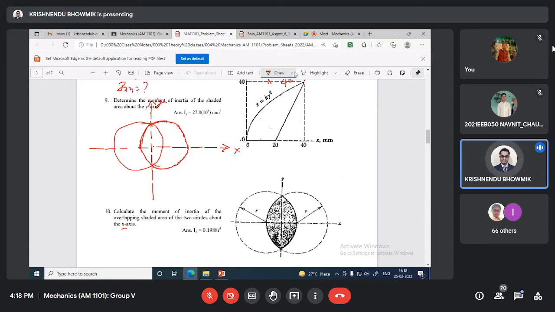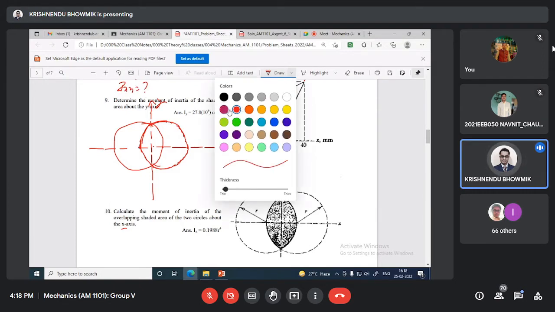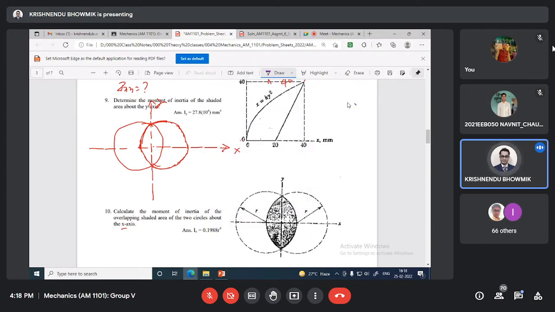What you can observe here for the intersecting area is this elemental strip. This value is x1 and this is x2, x1 means this is 1 and this is 2.